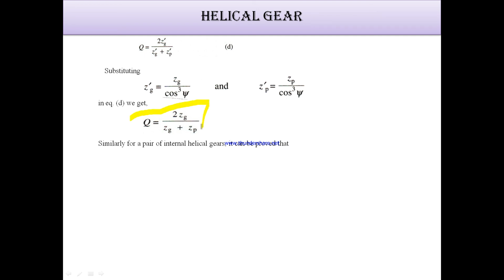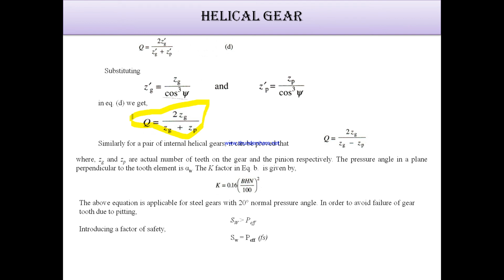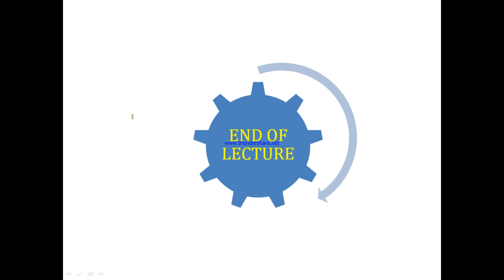This is the formula for finding Q, and this is for an internal gear. K will be the same as for spur gear, 0.16 into BHN upon 100 whole square. And as we saw in beam strength, wear strength should be equal to P effective into factor of safety. So thank you very much for listening to this lecture. Bye bye.